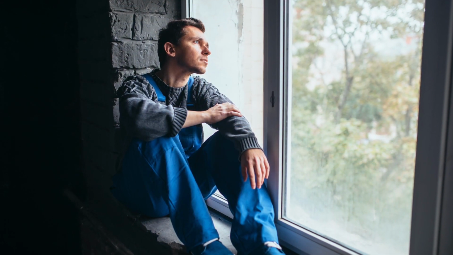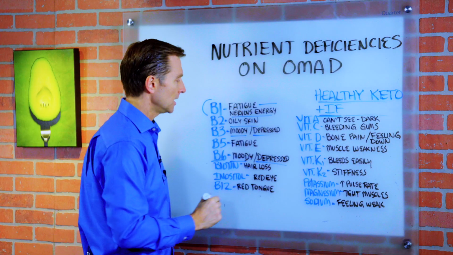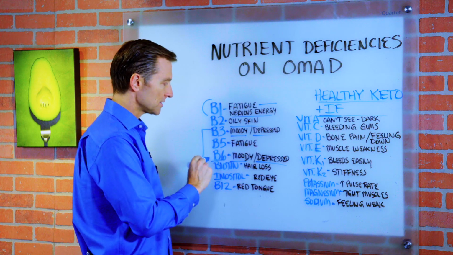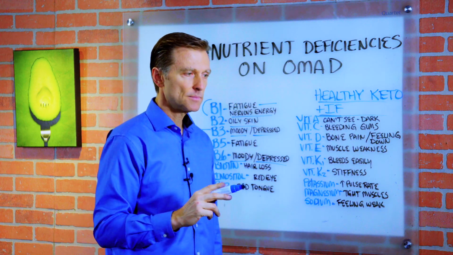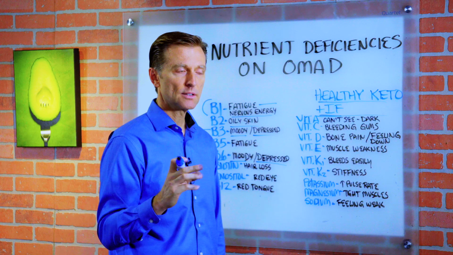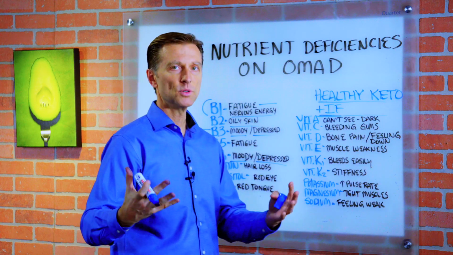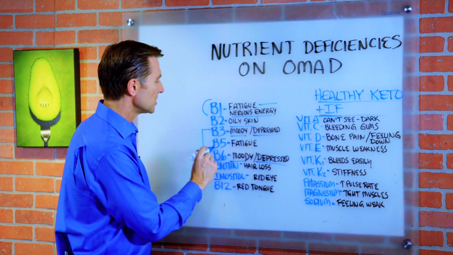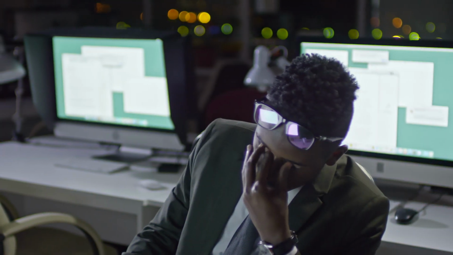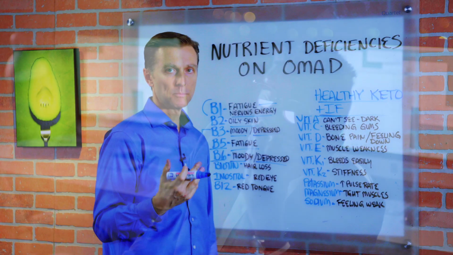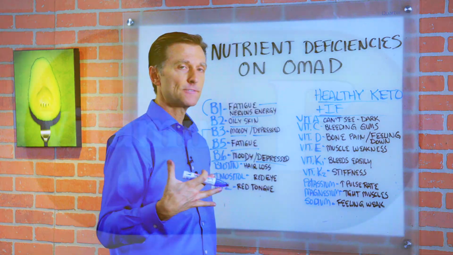It's the same with vitamin B6, moody and depressed, because these two nutrients are involved in the production of neurotransmitters, and neurotransmitters affect your mood. If you're deficient in B5, one of the first symptoms would be fatigue. Why? Because vitamin B5 is needed for the adrenals.